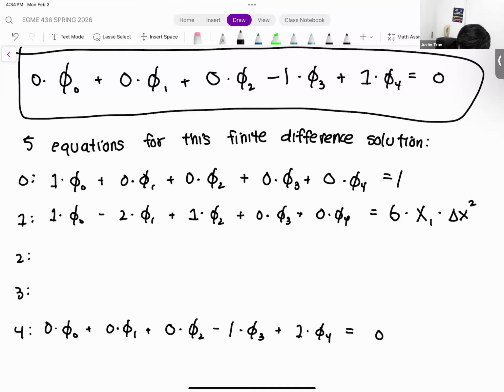And then we're going to do the same thing for the other 2 interior nodes, so I'm going to go quickly here.